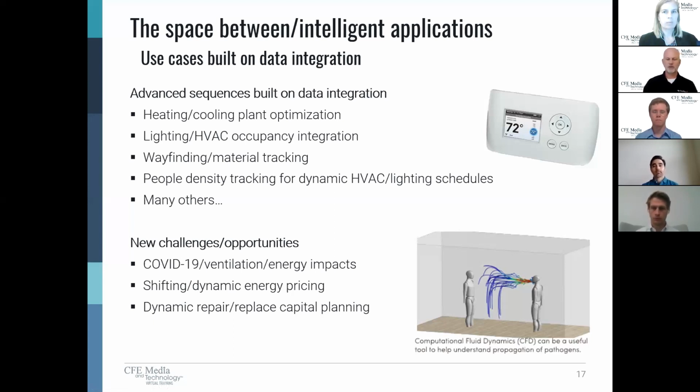How do I provide the appropriate amount of ventilation? What's the energy impact of these things? We're seeing that generally the solutions drive higher amounts of outside air, higher ventilation rates, higher energy use. So it's going to really drive the industry to look at how we help owners provide that kind of value to their buildings and to their occupants, but manage the energy cost impact of that.